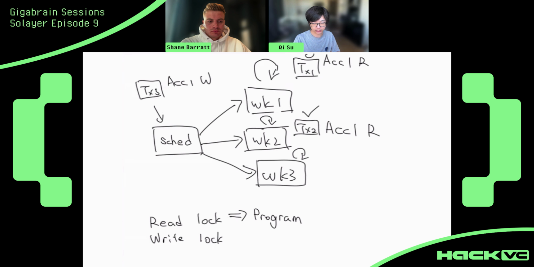Maybe the scheduler is smart enough to say that transaction 3 should go through first, and then transactions 1 and 2, maybe that will accelerate the execution, or some certain ordering will maximize the fee the validator can get. That's per the scheduling algorithm. But this is the most basic scheduling algorithm currently in use in Solana, this read-write lock on accounts.